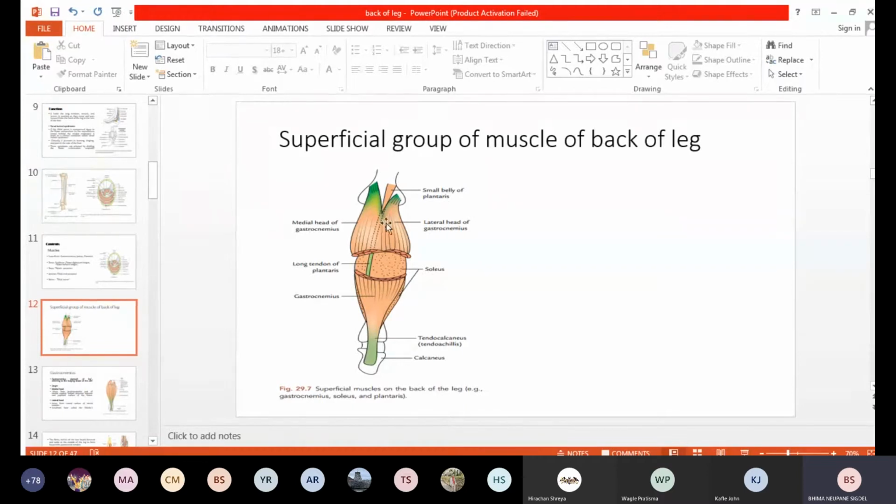If you cut this gastrocnemius, you can see the tendon. This is the small belly of the plantaris muscle and the long tendon of the plantaris. After cutting this, deeper to the gastrocnemius there is the tendon of plantaris, and beneath this is the soleus muscle. These are the superficial group of muscles.